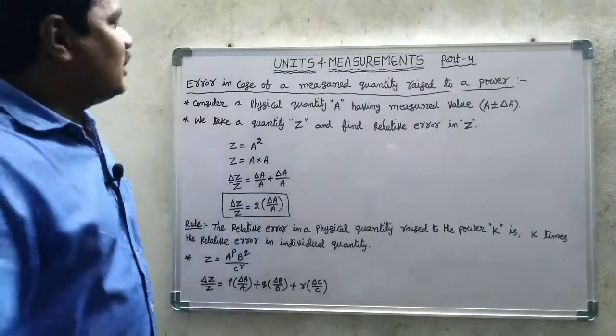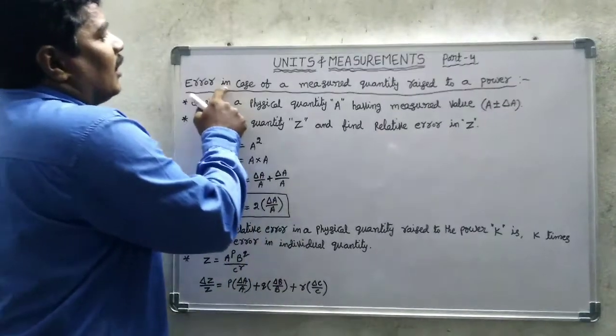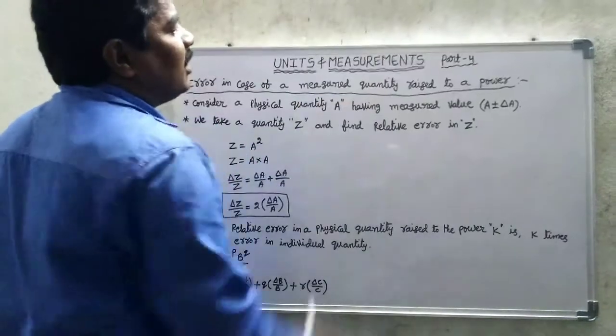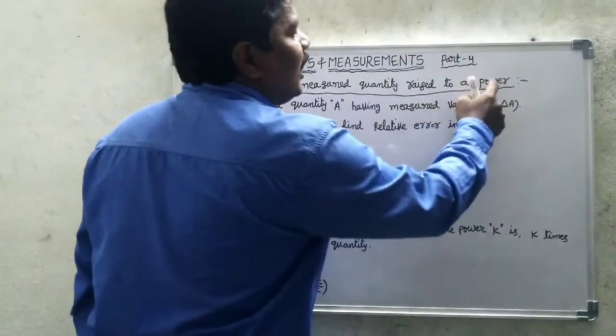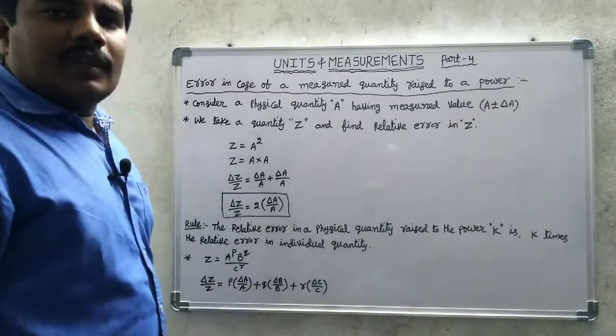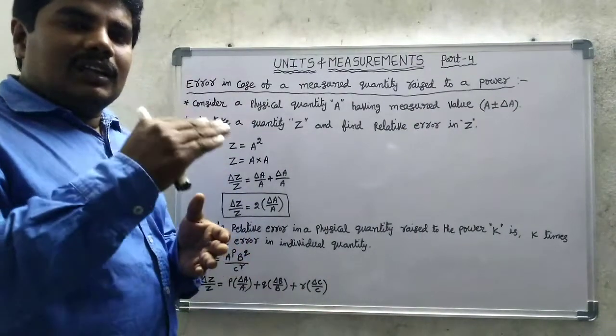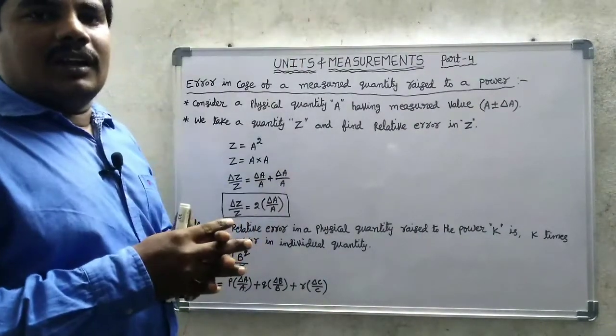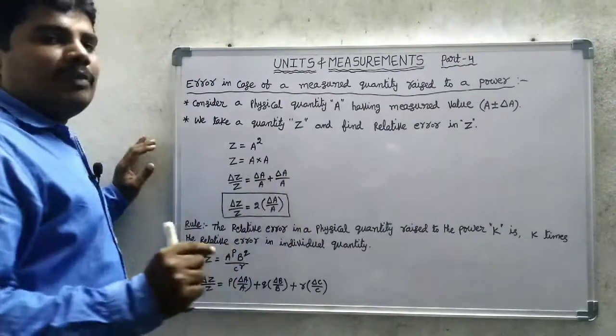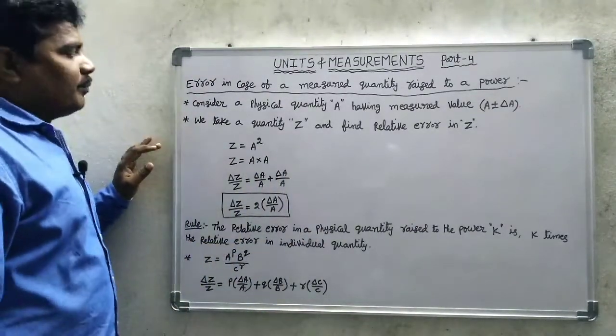Now we discuss error in the case of a measured quantity raised to a power. If the physical quantity is raised to some power, then we determine the relative error.